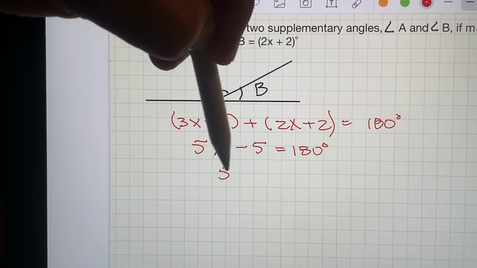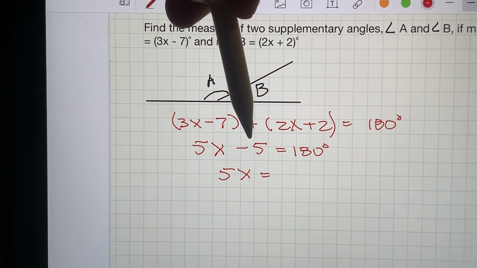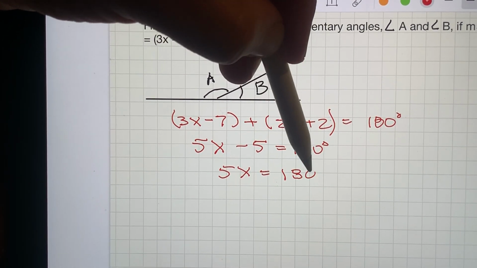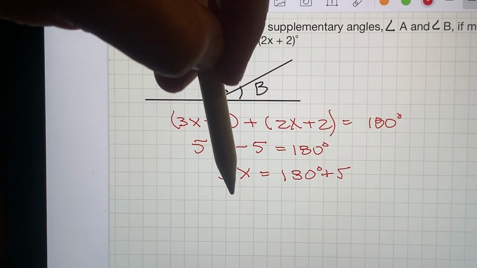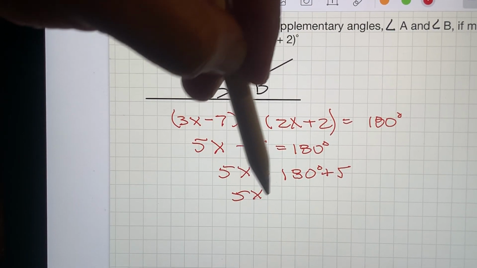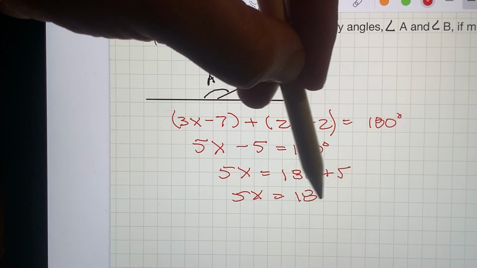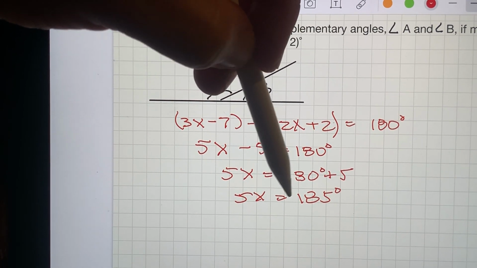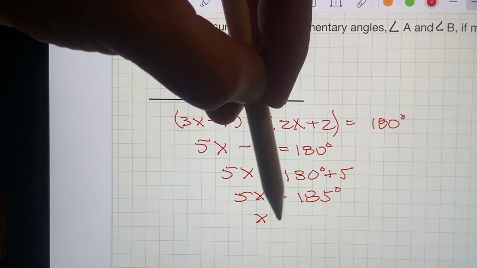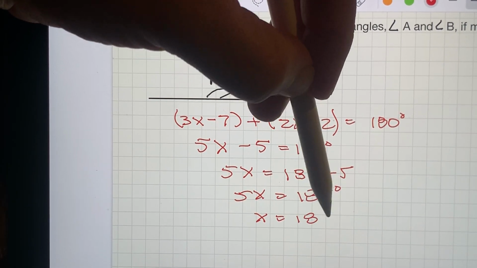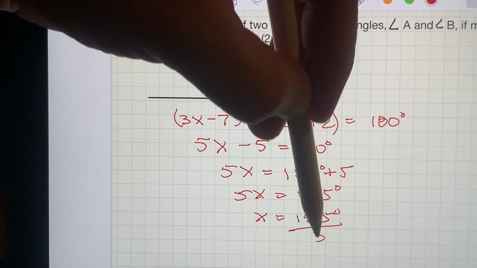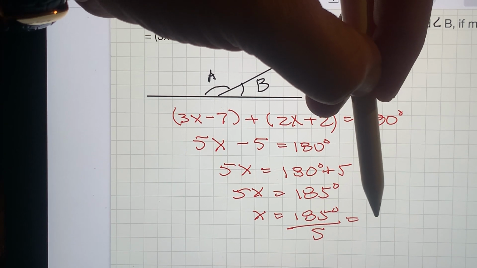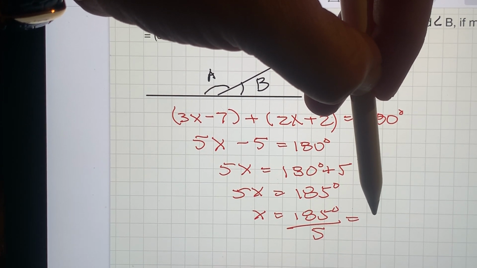So 5x equals, this negative 5 adds on the other side, 180 plus 5. So 5x equals 185. And then I know that this x is the same as 185 degrees divided by 5, which should be 30.